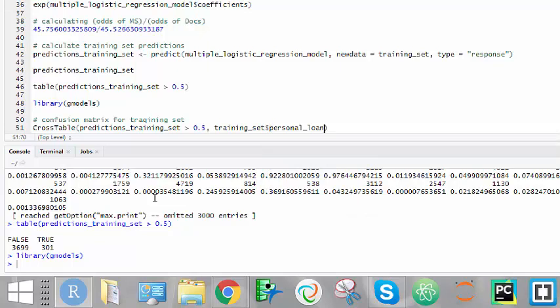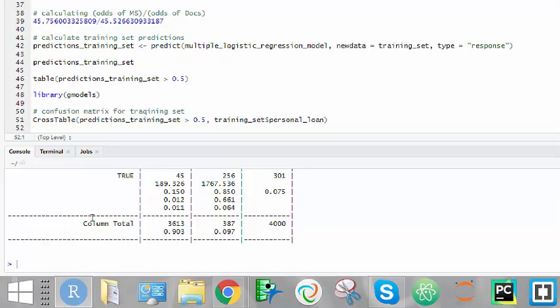We know about each of these people: did they get the loan or did they not get the loan, right? So that's what I'm doing. Okay, it's a little funky, right? I'm saying here, whatever you predict, the probability, separated into more than 0.5 true or more than 0.5 false, right? And plot that against true answers, yes or no. And let's run this one, okay?